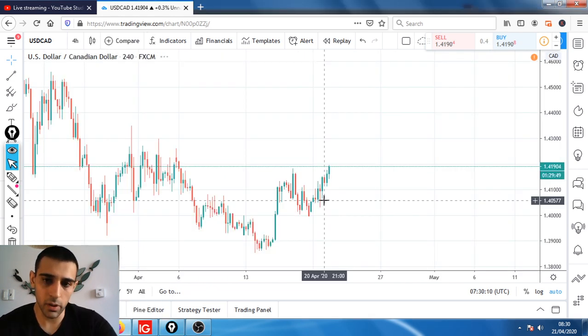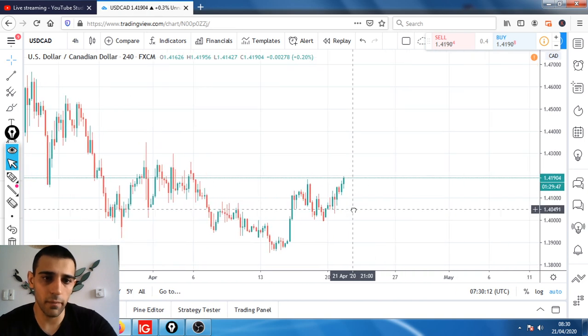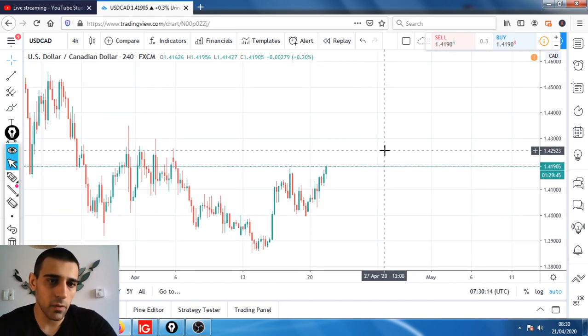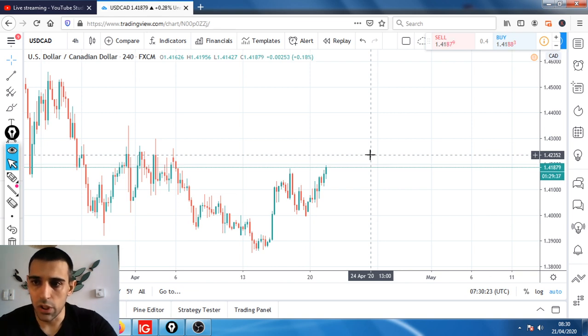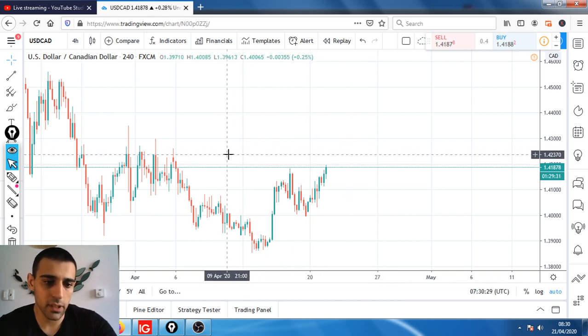Let's look at the 4-hour time frame. Let's see what we have. Yeah, it's going nicely so far. This is a strong resistance, so I might have a problem. 140.35 is the next resistance. It does look pretty strong.